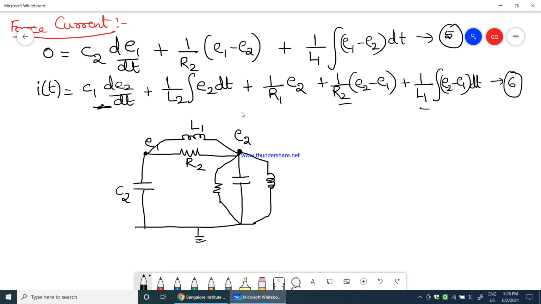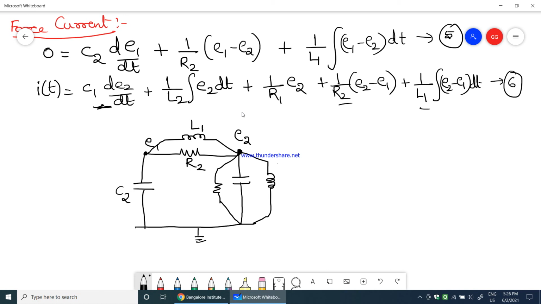So I hope these two problems which I have solved for you, which are normal 10-mark questions given in the exam, have made clear what an analogous system is and what the different types of analogous systems are. By looking into the mechanical system, we saw how to write the mechanical network, then the mechanical equations.